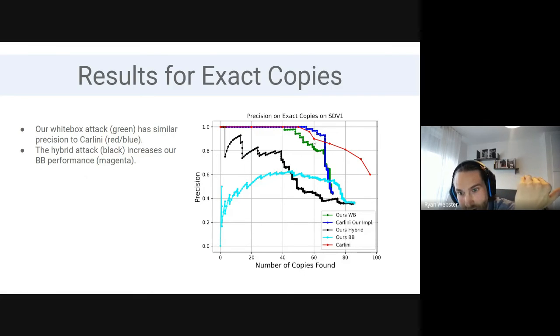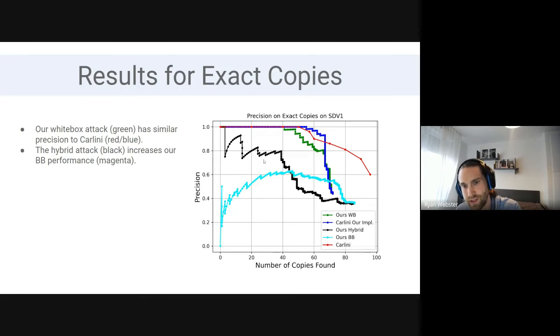And our white box attack is also performing well, maybe missing something like 15 copies. Our black box attack looks a lot less precise, but again, you have to consider these are 100 copies within 30,000. And our hybrid attack is a lot more precise.